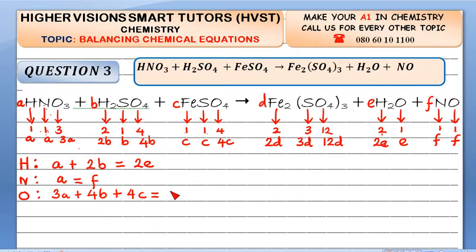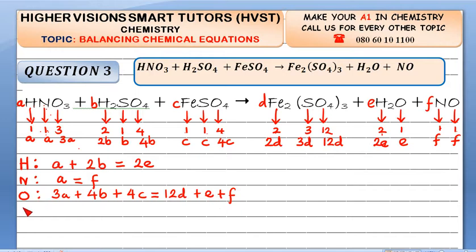So I put 12D plus on the other side there, this E plus E plus oxygen here is what? F. Right. So the number of oxygen atoms on the reactant side is equal to the number of oxygen atoms on the product side.